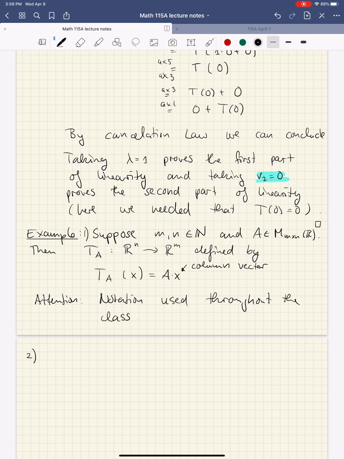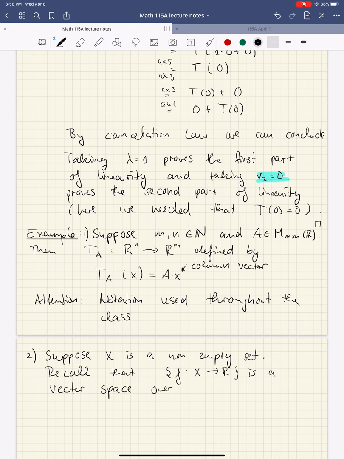Let's do number 2. Suppose X is a non-empty set. Now recall, if I take the set of real-valued functions on X, this is a vector space over R. And let us take an arbitrary element x0 in X. This is why it has to be non-empty, because we want to take one.